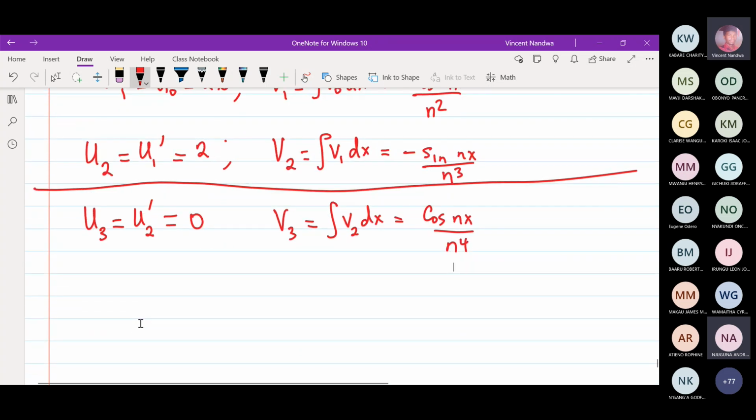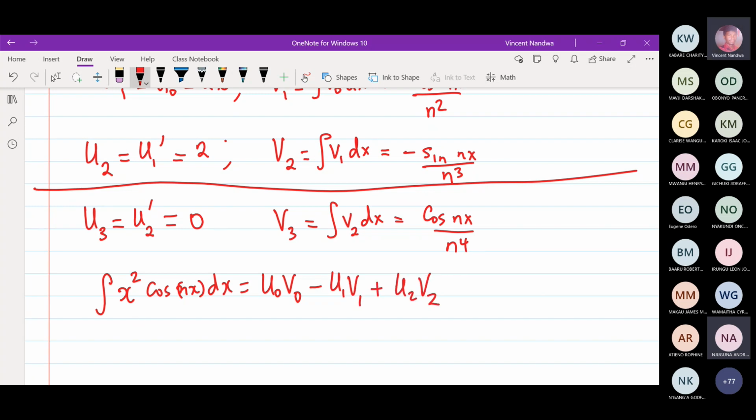Therefore, the integral of x squared cosine of nx dx is going to be u naught v naught minus u1 v1 plus u2 v2. The rest of the terms are not necessary, because every ui value will be 0, so the product will be 0. So that's the stopping point.